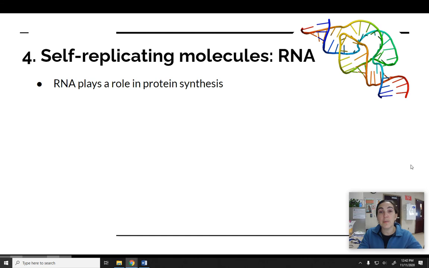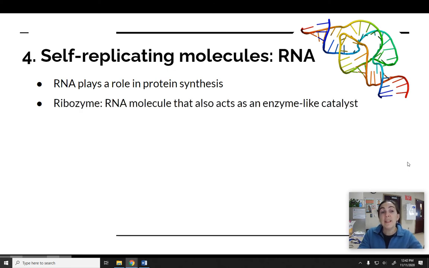First of all, RNA plays a role in protein synthesis, so it has that information and can help make the proteins that carry out the other functions of life. There are also molecules called ribozymes. It's an RNA molecule, but it also has the ability to catalyze reactions. And ribozyme-like molecules still exist. Your ribosomes, those organelles in our cells today, actually contain molecules that act as catalysts, just like a ribozyme.